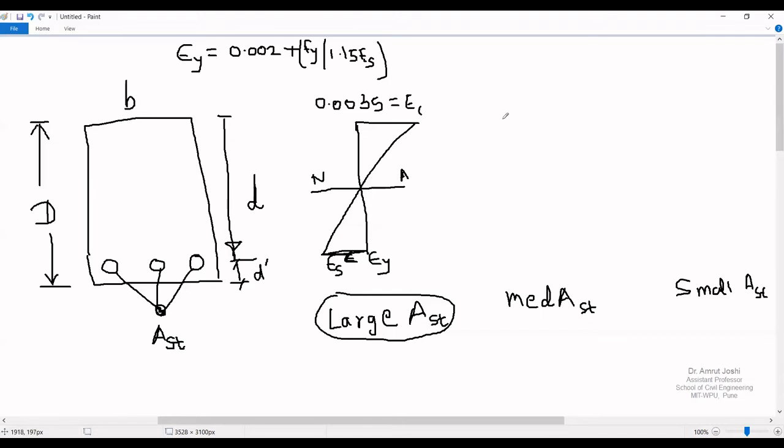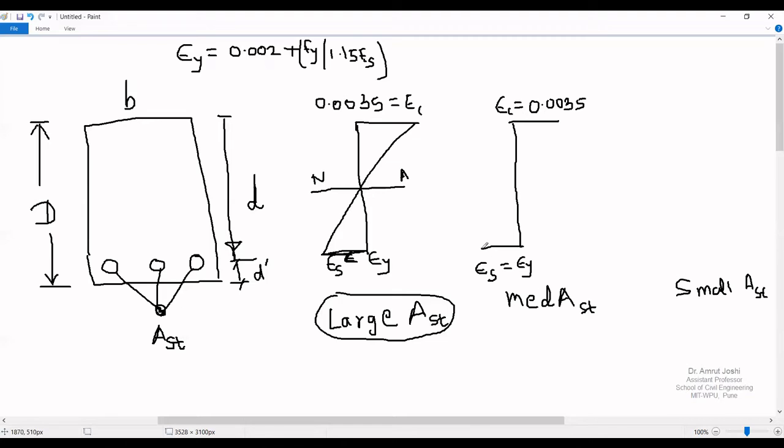In this case, it so happens that the steel quantity is proportioned in such a way that when the extreme compression fibers reach the ultimate compressive strain of concrete, that is 0.0035, at that very instant, the steel also reaches its yield strain. So strain here becomes equal to the yield strain. Yield strain is 0.002 plus Fy upon 1.15 Es.